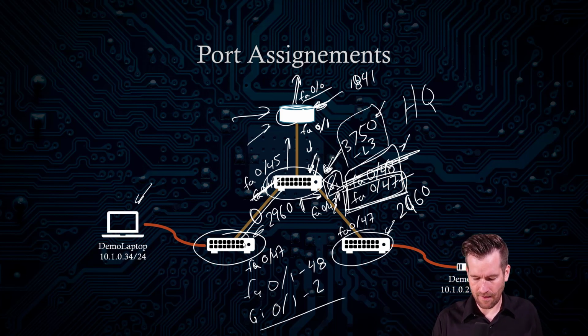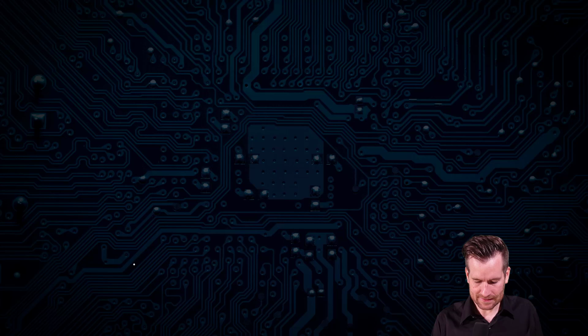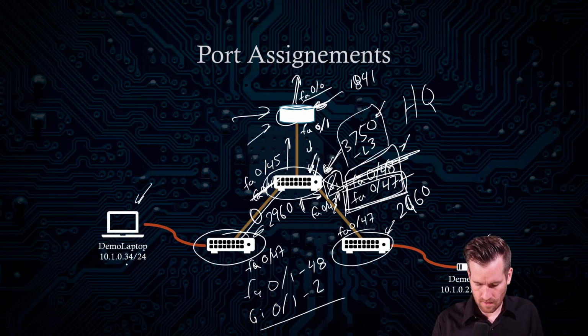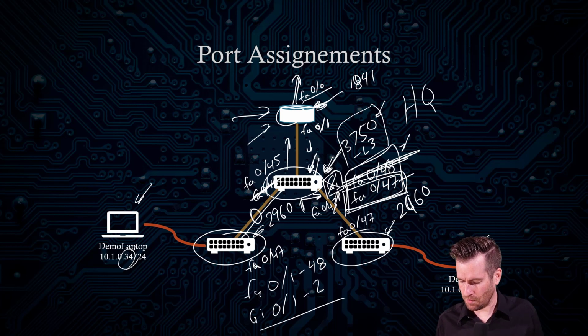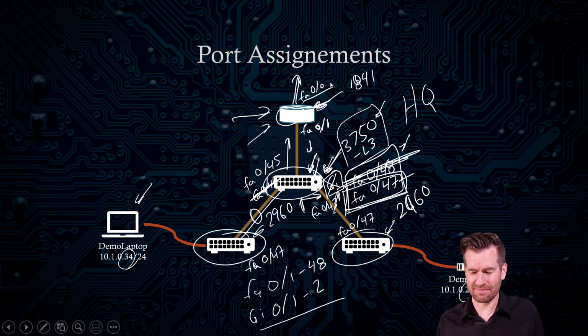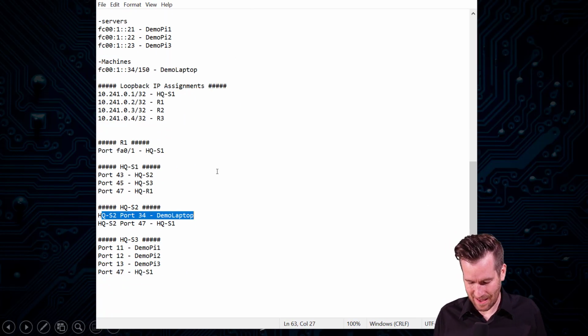And so I figured, well, my IP address is 34, so I might as well plug it in port 34. Guess where I'm plugging the demo Pi into? Port 21. I don't know. You don't have to do it that way, but it just makes it easier to remember. So I'm going to plug those all in, and I've got those recorded.